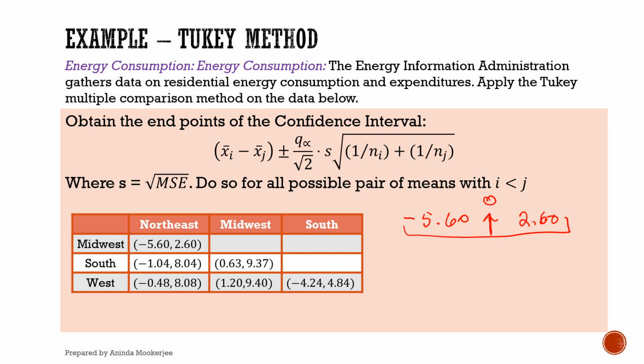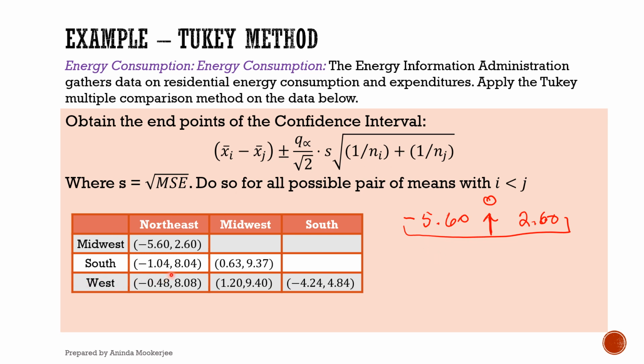When the difference of two quantities is 0, that means the two quantities are the same, so there's no difference between them, they are equal. That's how we determine if the means are different or not.